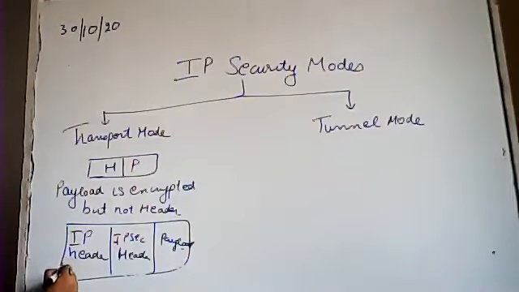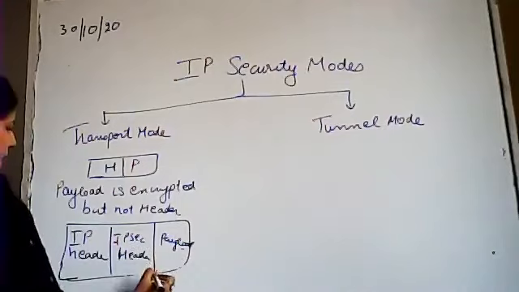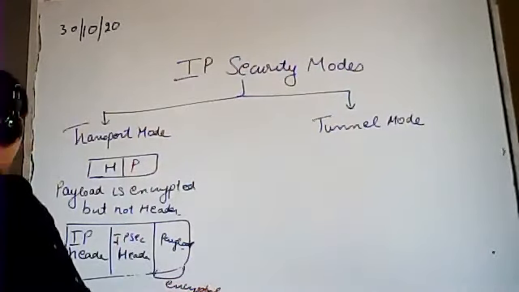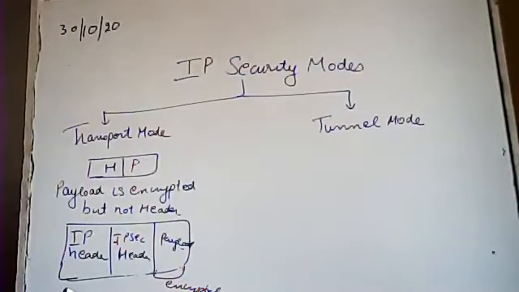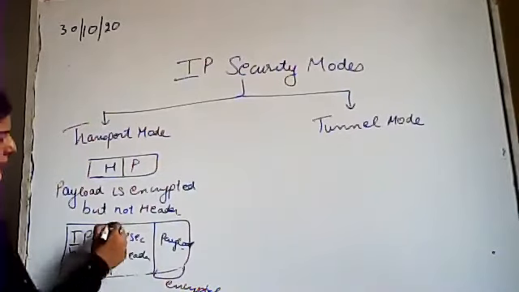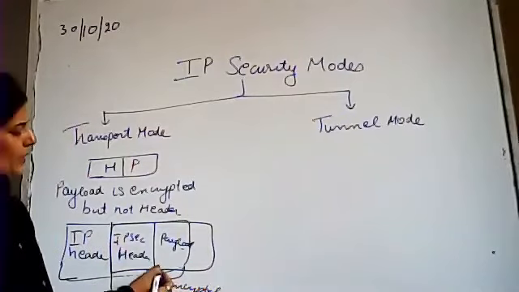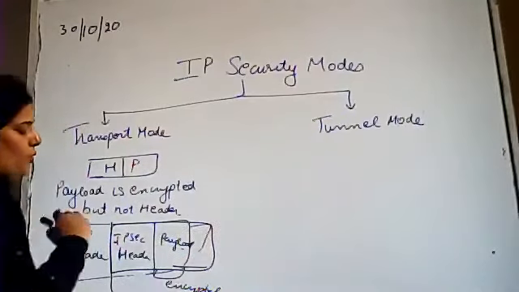We have included that security header format and we have encrypted this particular payload part also. By using this IPsec header part, what did we do? We have encrypted our payload part.